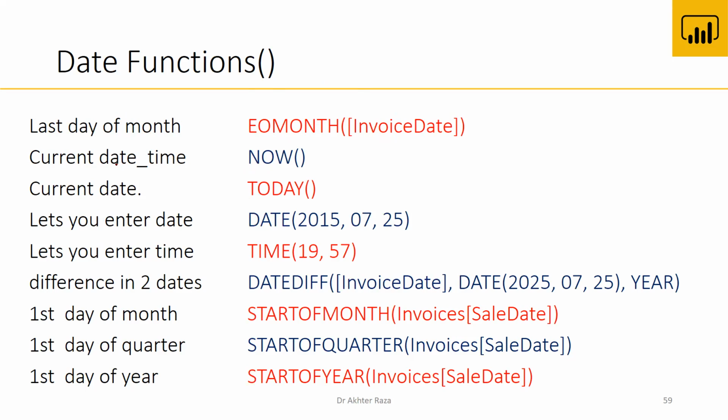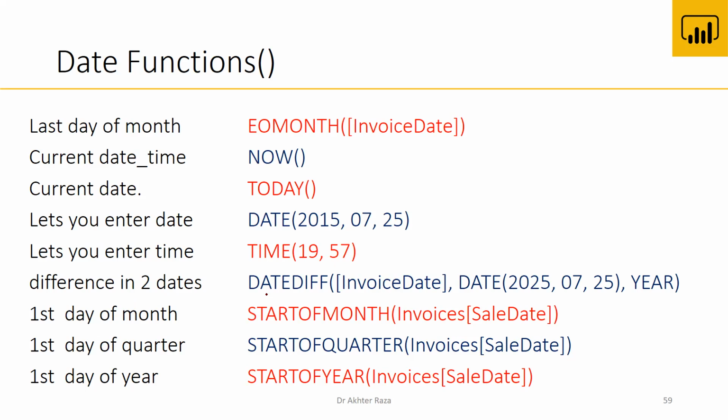We also have current date and current time, and you can enter a date at a specific level. The date can be entered as the year, the month, the date, and we have a time format. We can change the time, for example 19:57 in 24-hour time.